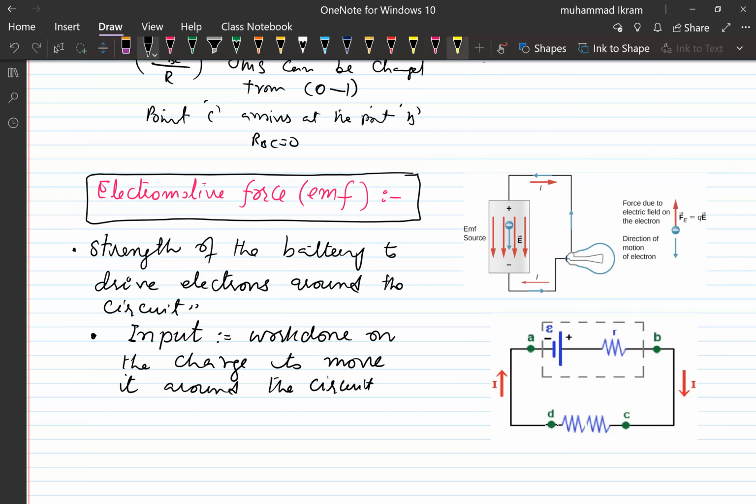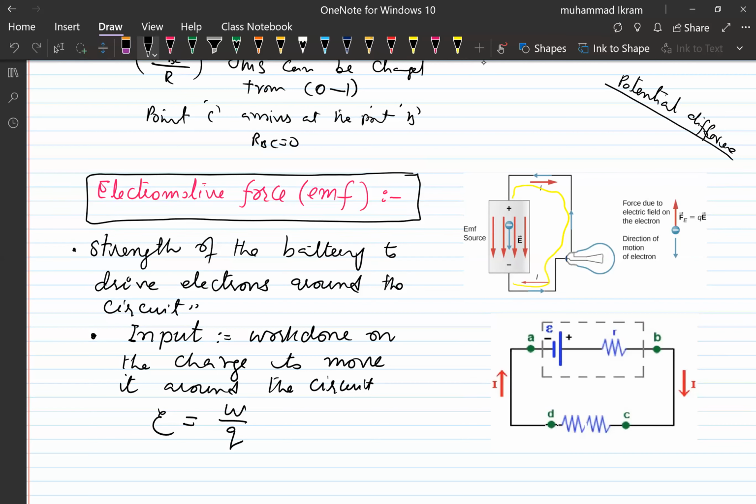And if I just take the actual current direction, then the electrons are being moved around the circuit. So this is the work done on the charge to move them around the circuit. And this is known as the electromotive force. Contrary to this, we have the potential difference.